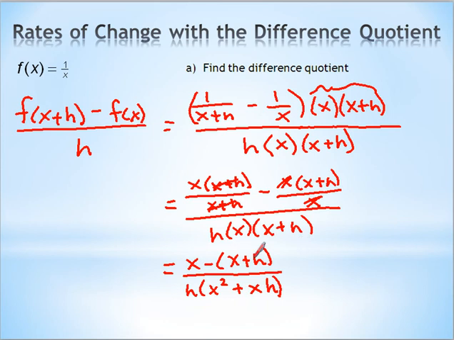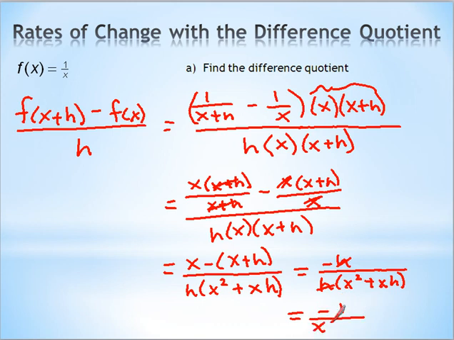In my numerator when I distribute the negative in here, I'm going to get a negative x and a negative h. The x and the negative x will cancel. I'm left with negative h over h times x squared plus xh. And now my h's cancel, and I'm left with negative 1 over x squared plus xh.